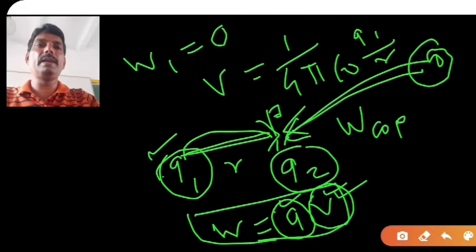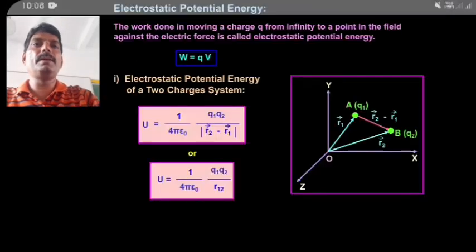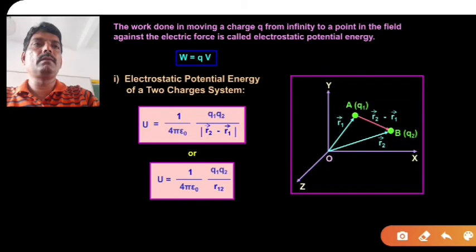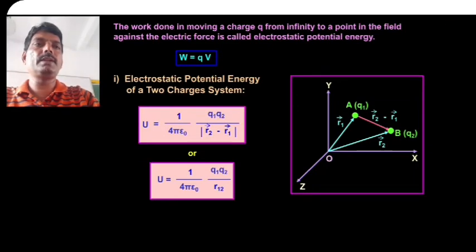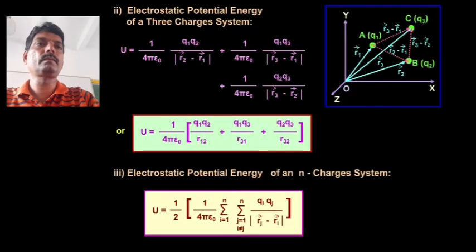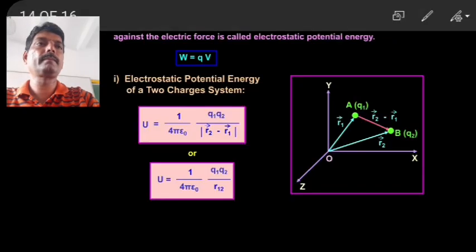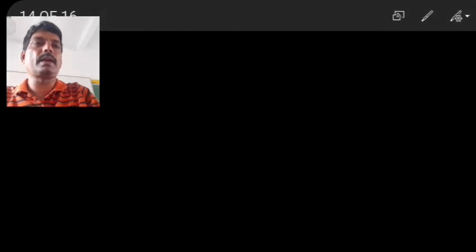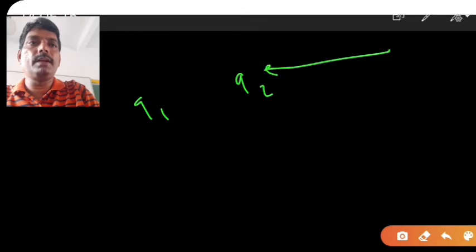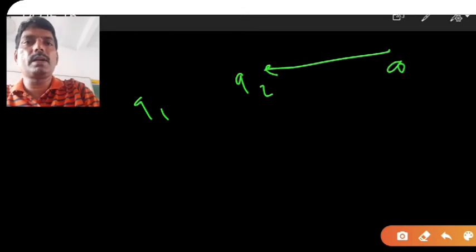So ultimately you will get this equation. I can write this equation as, this is Q1, you have brought Q2 from infinity. So I can write net work done. You can see here W1 was equal to 0.